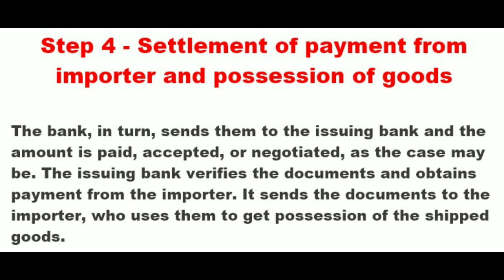The issuing bank checks all the documents and satisfies itself that the documents are as per its requirements. After the bank receives the documents, it takes payment from the importer and releases the documents to the importer. The importer, after obtaining the documents, now goes to the ship for receiving the goods.